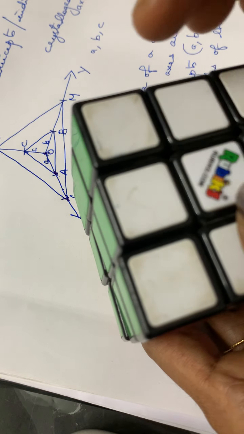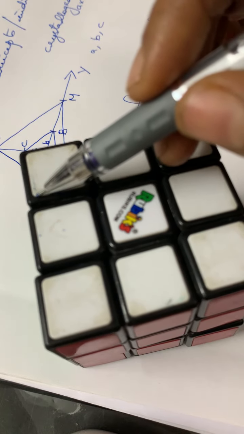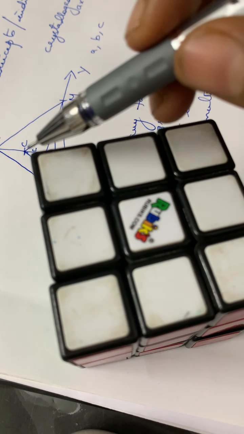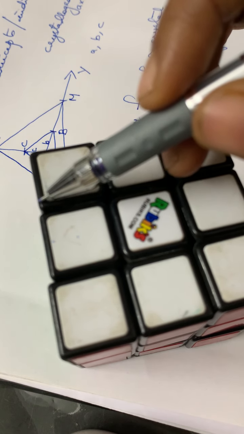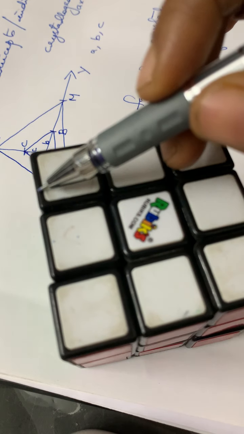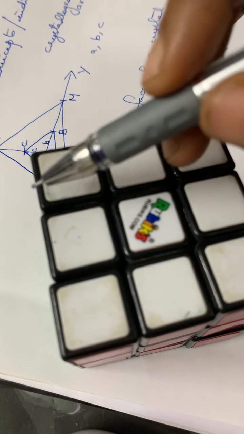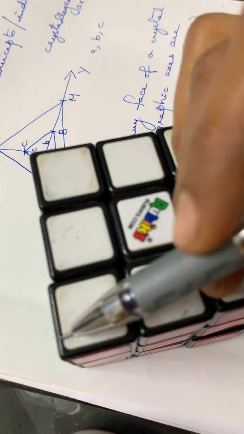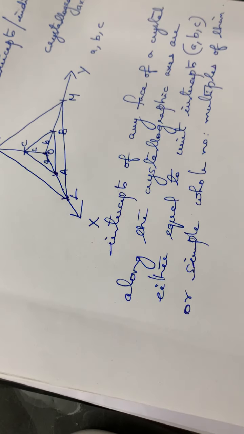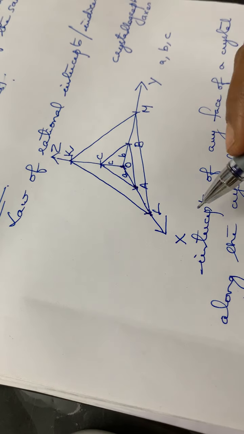So according to this law, the intercepts of any face of a crystal along the particular crystallographic axis are either equal to the unit intercepts, or simple whole number multiples of them. So here it will be A, here it comes 2A, here it comes 3A. So that is a whole number multiple of that particular axis. Okay, so likewise we can write here also.